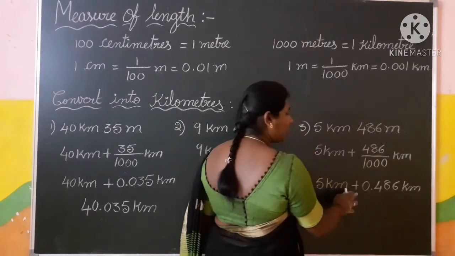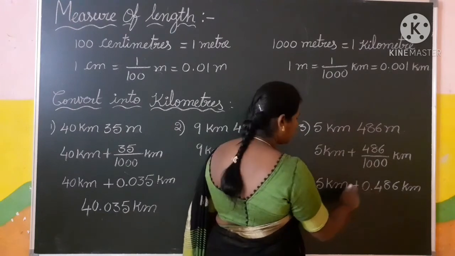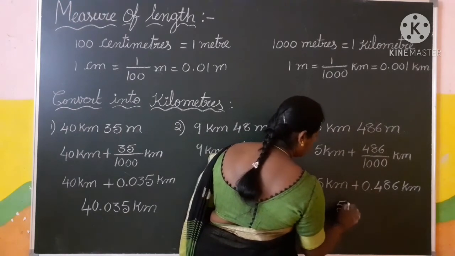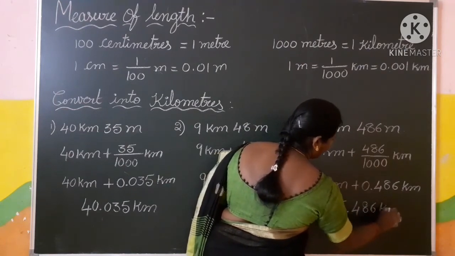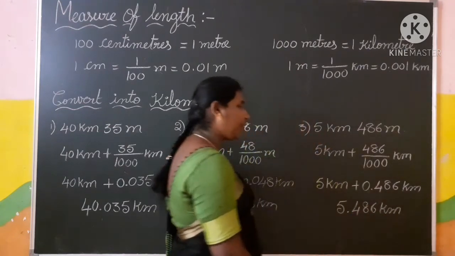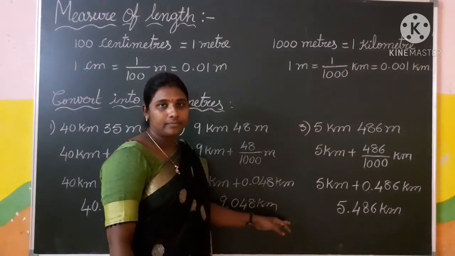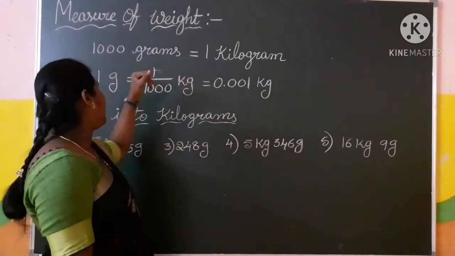So 5 kilometer plus 0.486 kilometers is 5.486 kilometers.